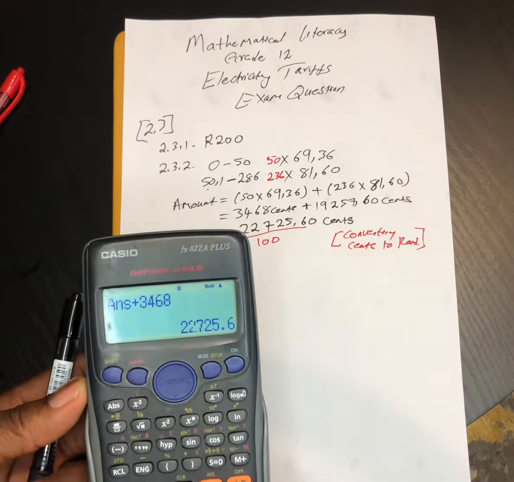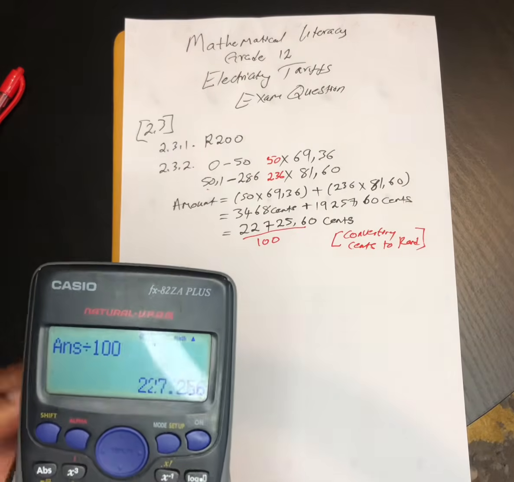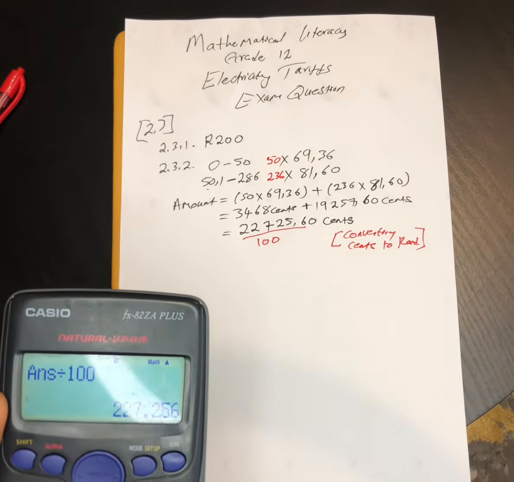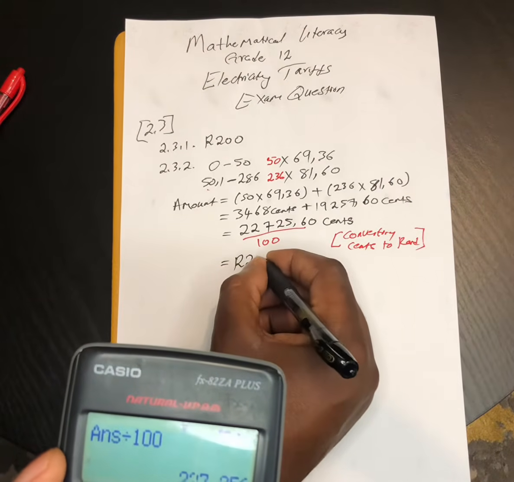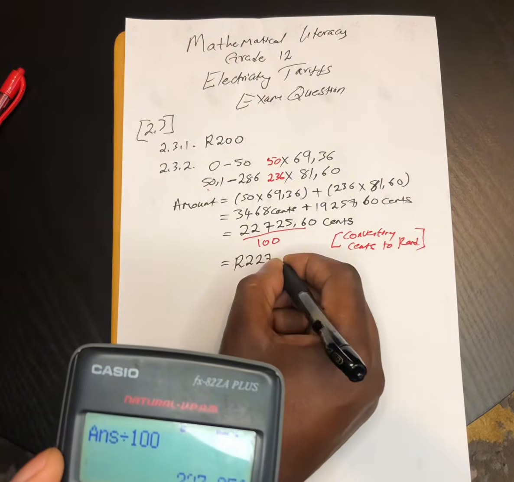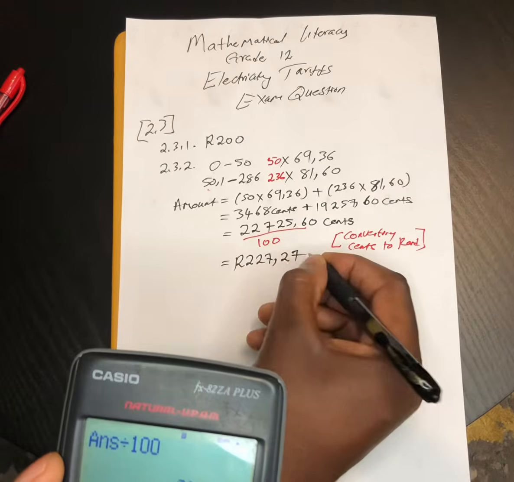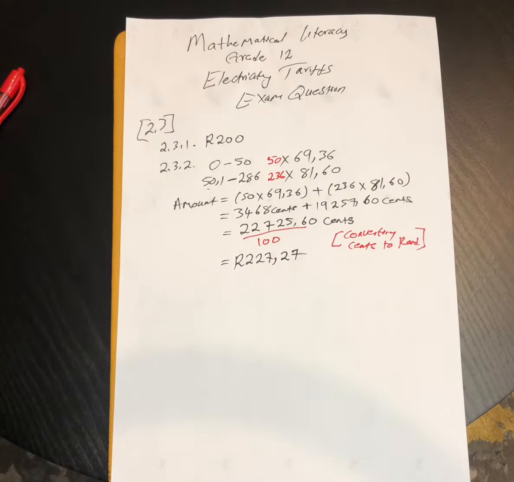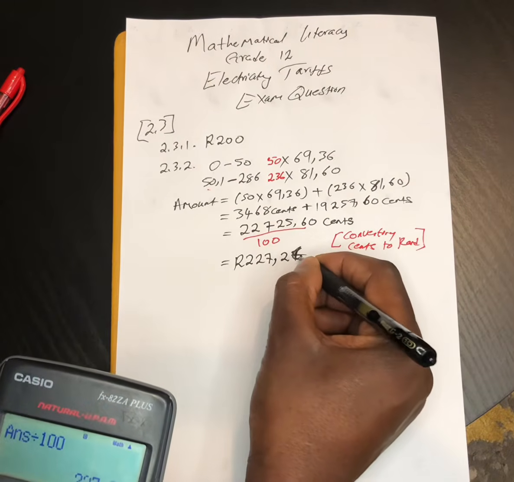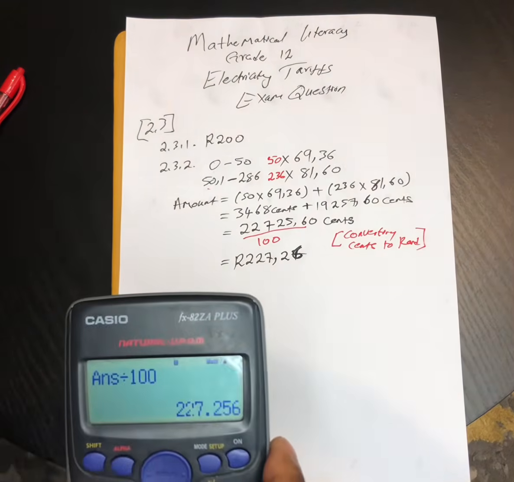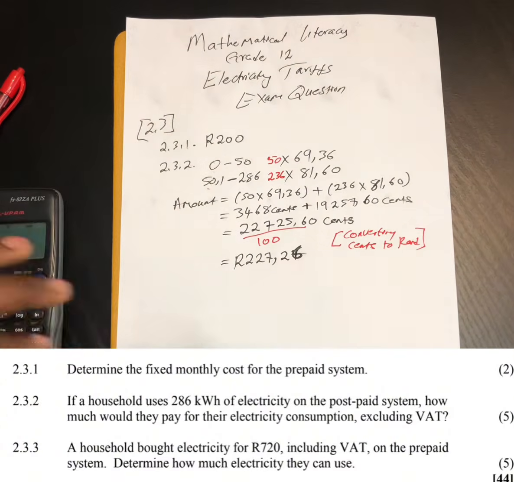We find that our answer here is 227 rands and 26 cents. So let's move to the next question.